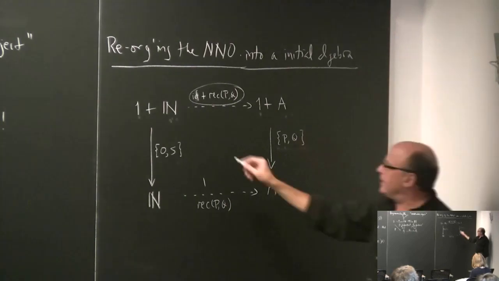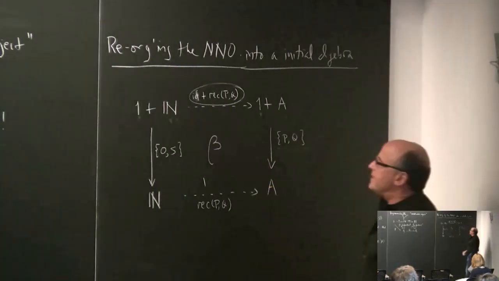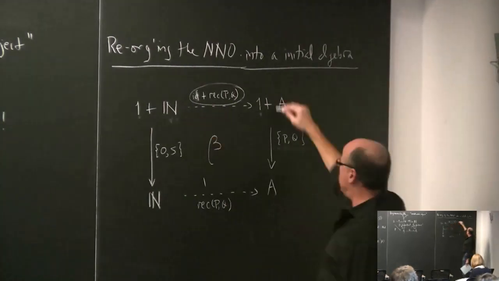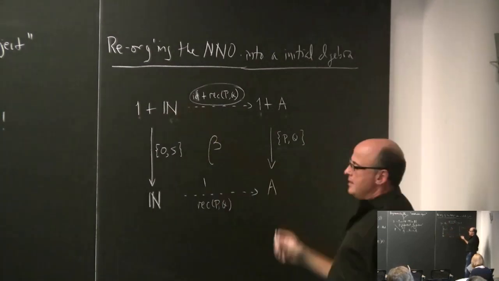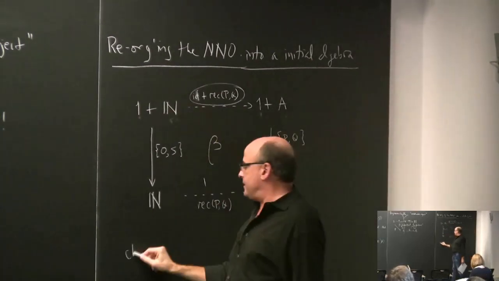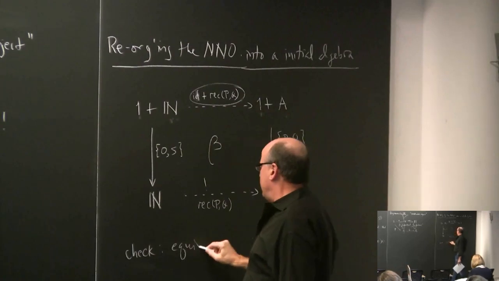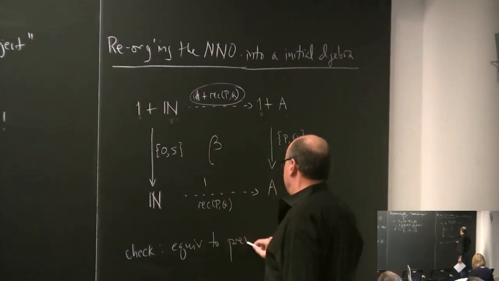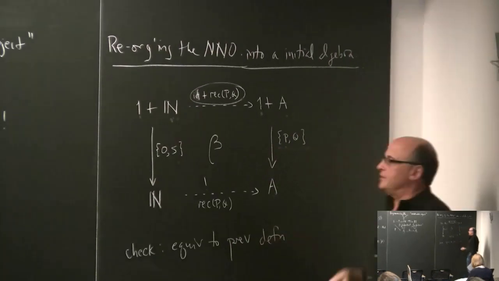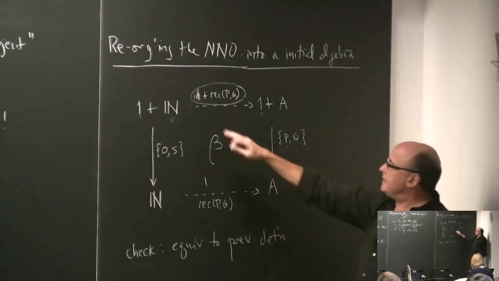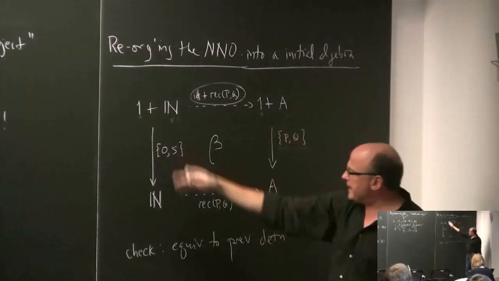And if you work out what it means for this to hold, for the beta condition to hold, that is the commutation condition, check that this is equivalent to the previous definition. In other words, I haven't done anything, I've just reorganized it. So the beta condition is the commutation.